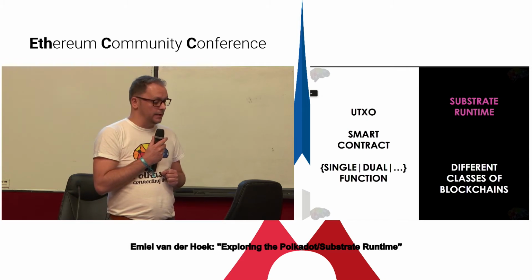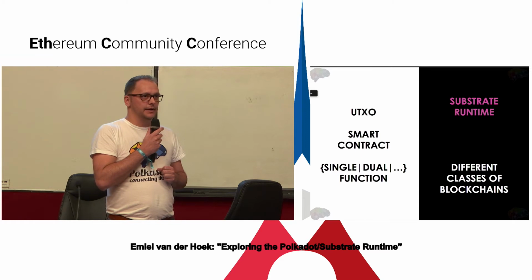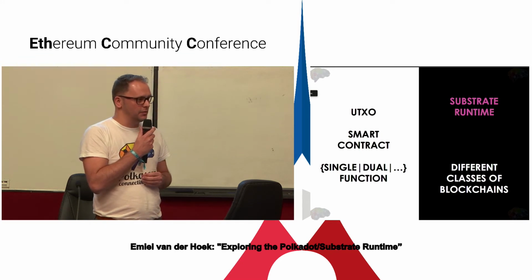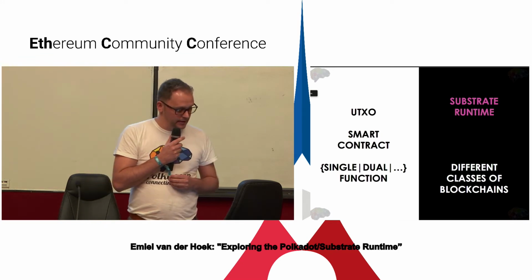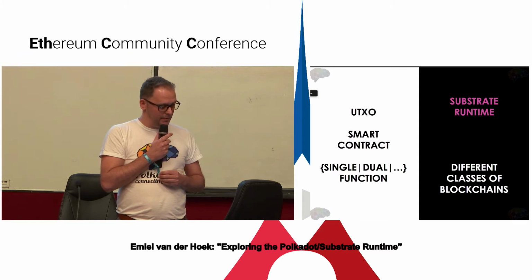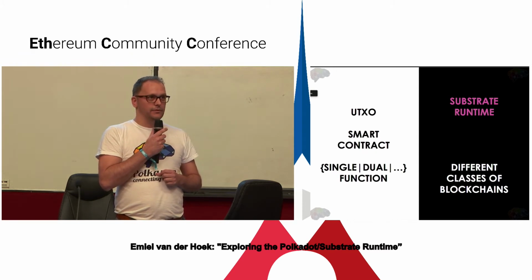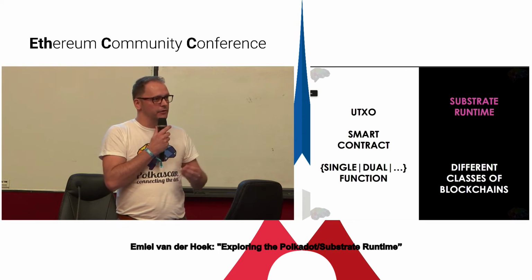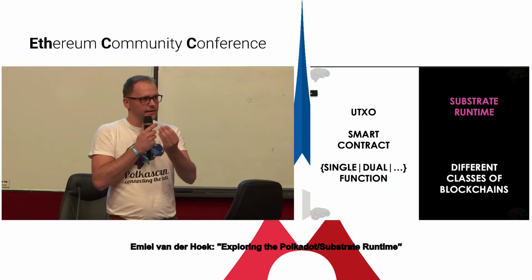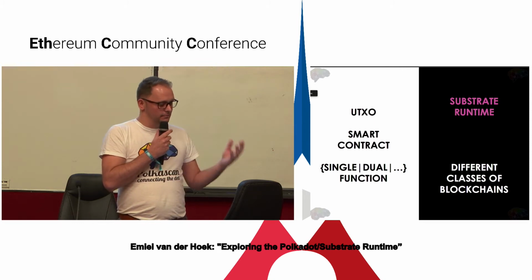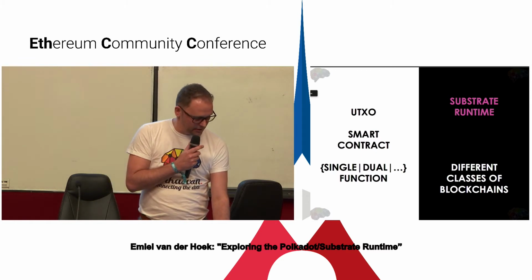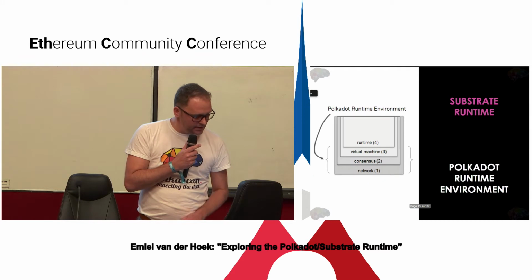Or the Ethereum 2 Casper specification is being built as such a single function blockchain on Substrate. And we've heard in Rob Habermeier's talk about how light clients can be built of different chains within other chains. So these are all these different functions you can build with Substrate.